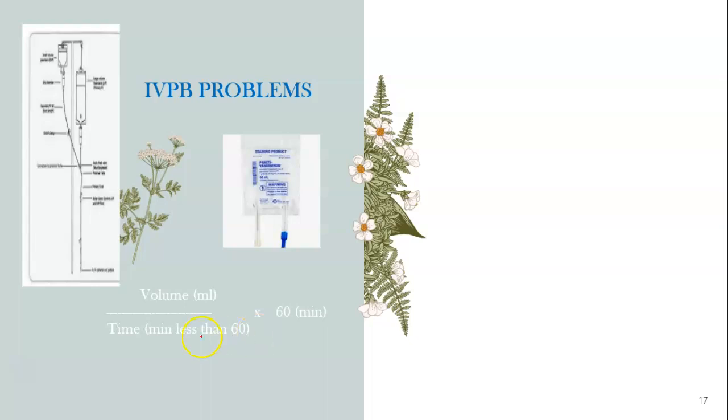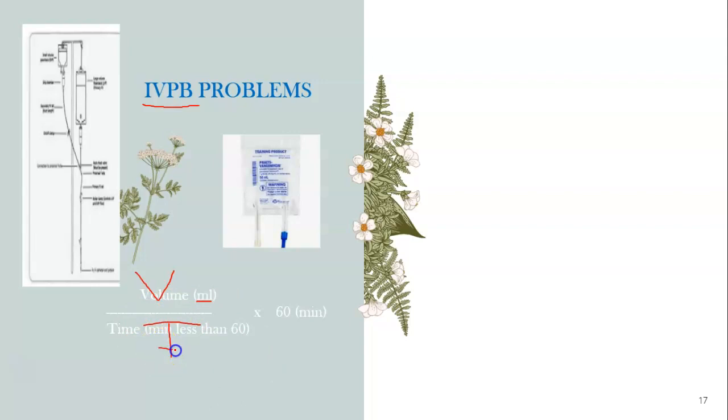So when I'm doing this, all I need to think about is the volume over the time, okay? If I think about IV piggybacks or IVs, most of the time, all I need to look at is the volume of fluid, which is denoted as milliliters, over the amount of time they want me to put it in. Okay?